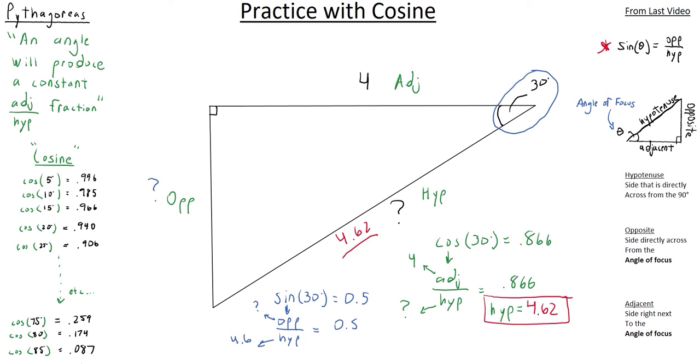Hypotenuse we now know to be 4.62. 4.62 times 0.5 is 2.31. So we have solved the triangle without even having to figure out that angle like we had to do in the last video. So we have sine, now we have cosine, and in the next video we'll look at the last trigonometric equation.